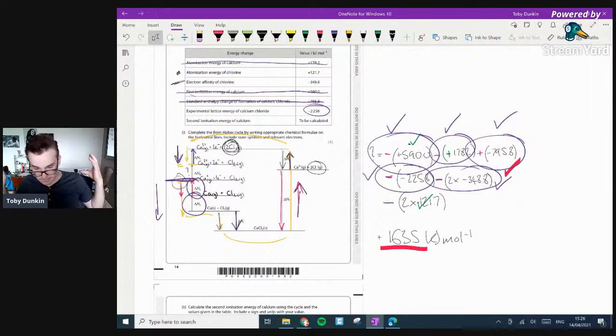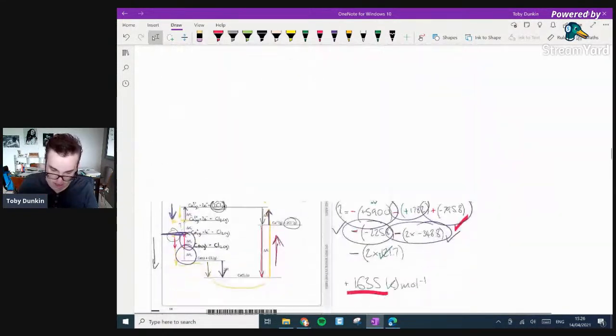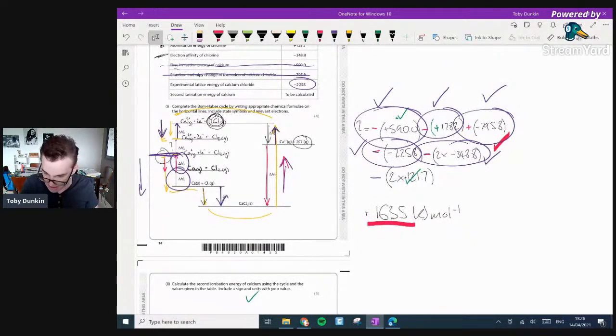So easily done. And you'd lose all of it. You'd lose boatloads. It's just really easy. So if I now take my value of 1635, let's just run it through. Minus brackets plus 590, minus brackets plus 178.2, plus brackets minus 795.8, minus brackets minus 2258, minus brackets 2 times minus 348.8, minus brackets 2 times positive 121.7.